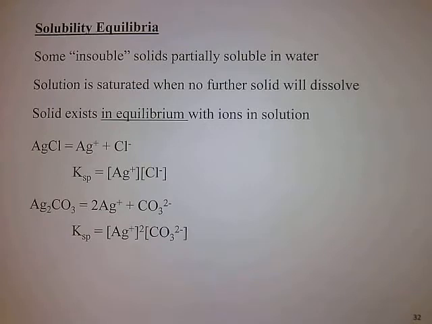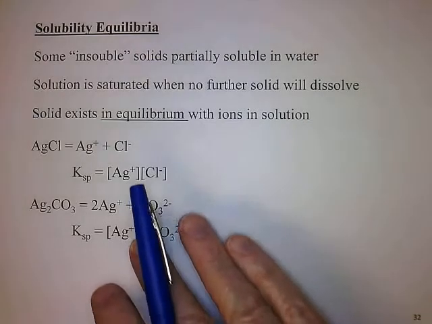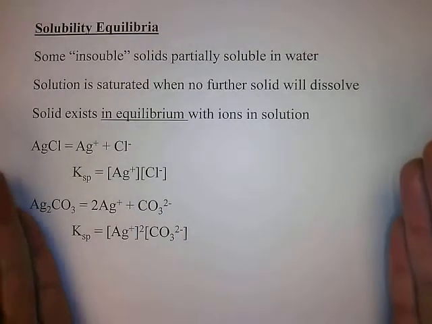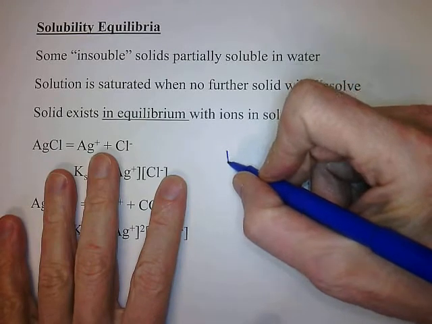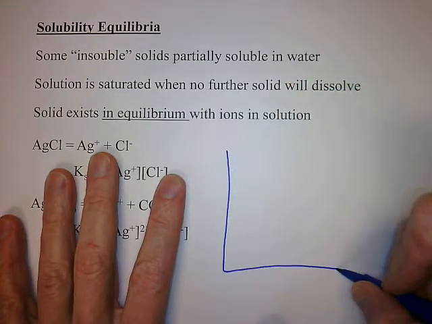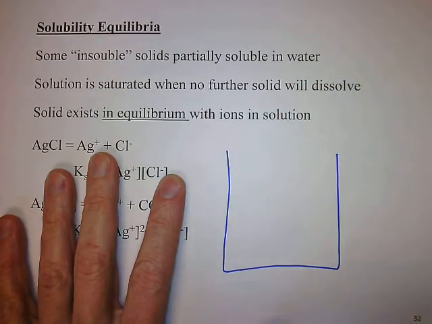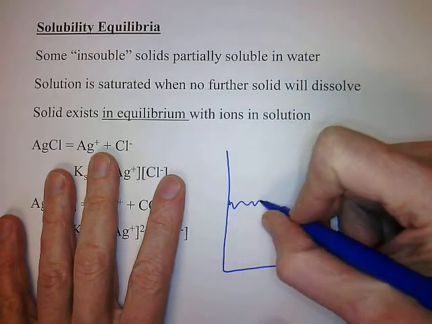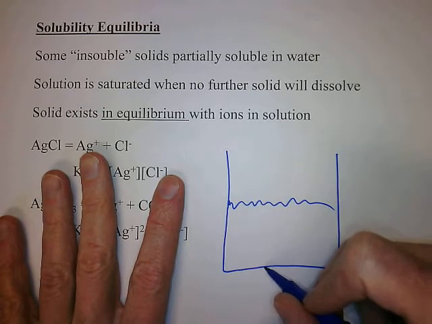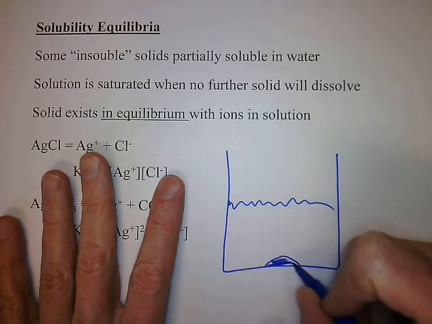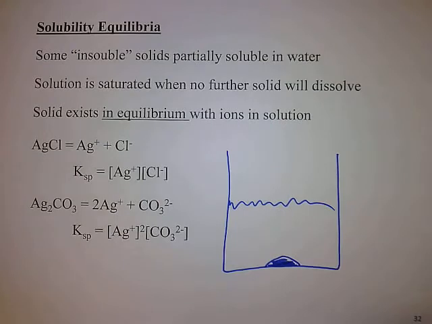Now, we have talked about equilibrium before. An equilibrium is not a static, frozen situation. It's simply where you have two opposing processes occurring at the same time. So let's suppose we are trying to dissolve some solid in a beaker, and our solid is beginning to settle to the bottom of the beaker.